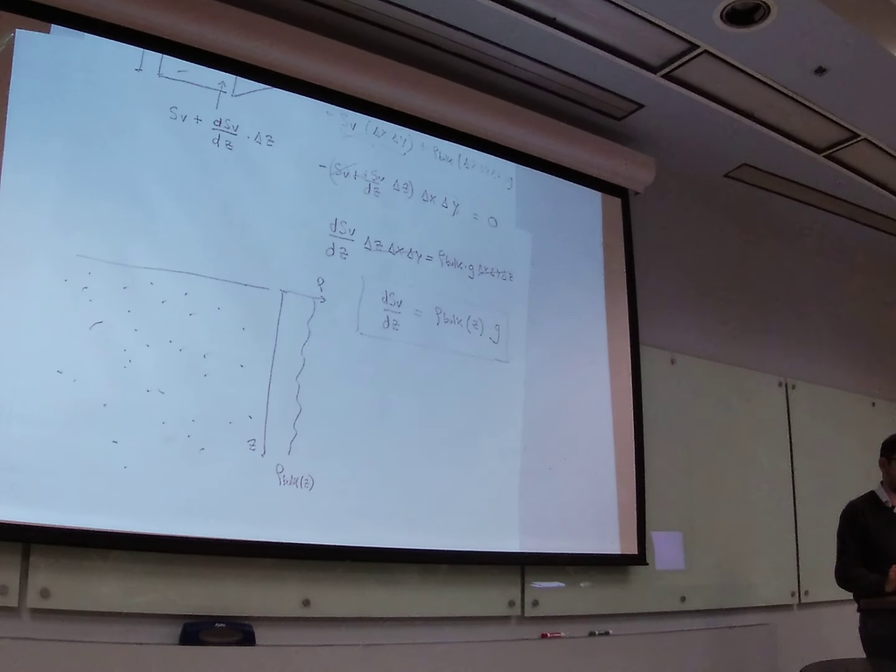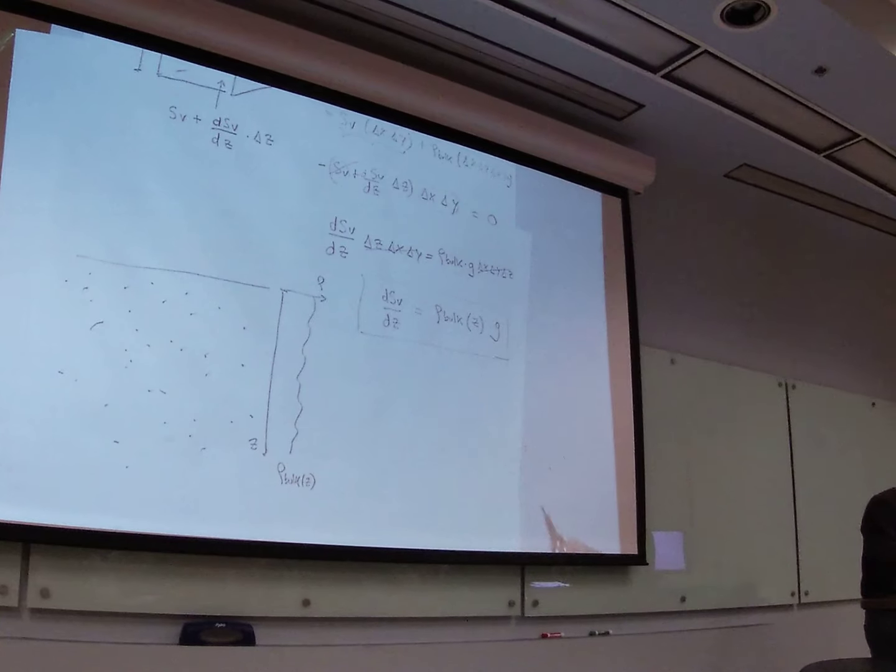So this is a very simple differential equation. What we're going to do is move this one to this side.